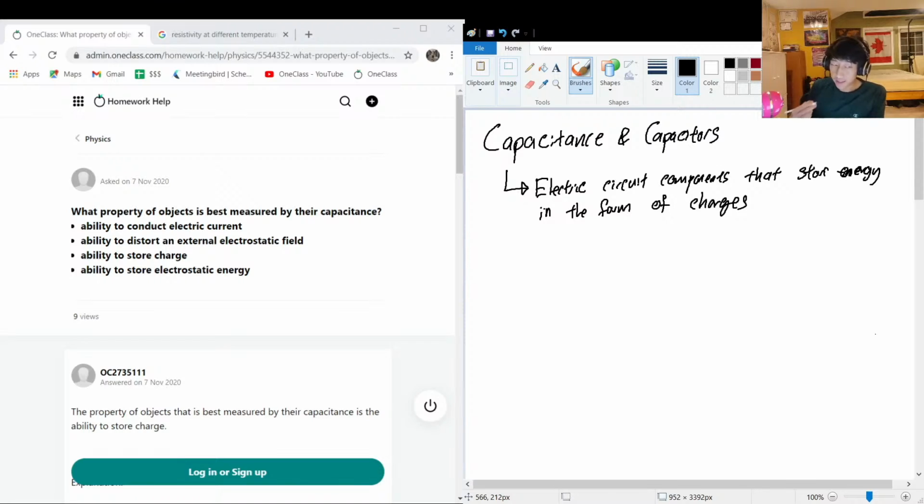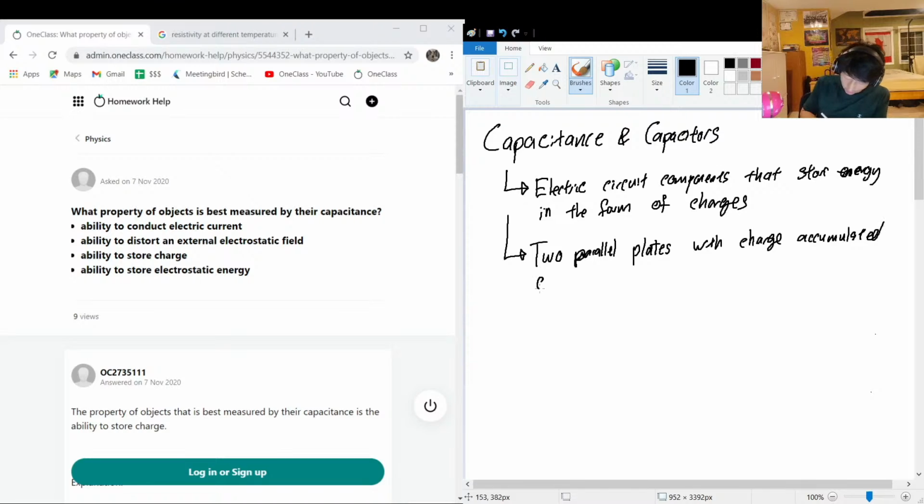Okay, capacitors are like this. So there are two parallel plates with charge accumulated on either side.